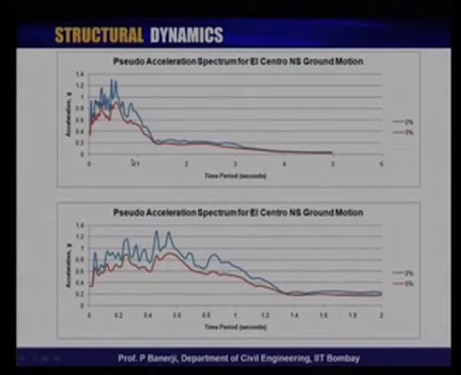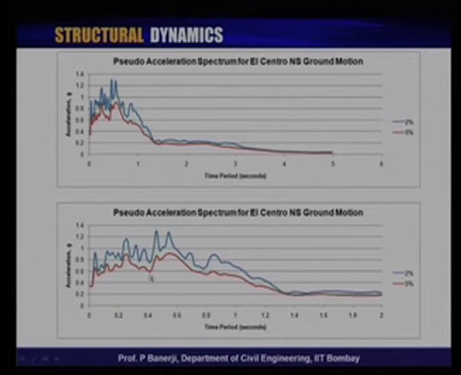So suppose I had a structure with a 0.4 second time period, which is 2.5 hertz, and xi of 5%.